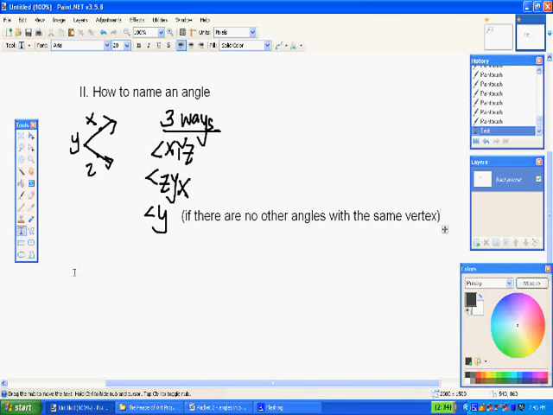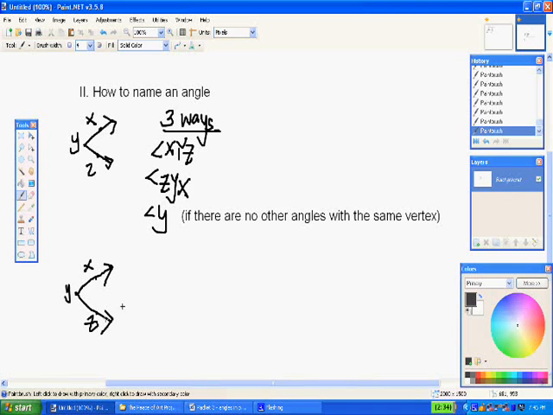I'll try to clarify this a little bit more. If I have angle X, Y, Z here, and I have angle M, Y, F, I can't just name this angle, angle Y, because there's another angle here that has the same vertex, and the person that I was talking to would be confused as to which angle I was talking about.